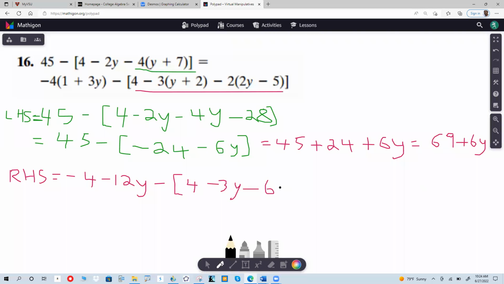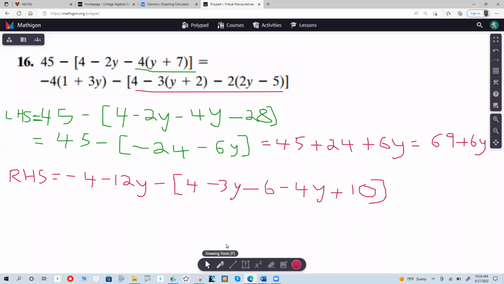Negative 6 minus 4y plus 10. I'm going to double check. If I mess up, it's not going to be pretty. And if you catch any of my mistakes, just tell me. I think I got it right.